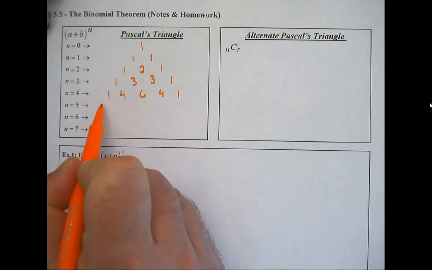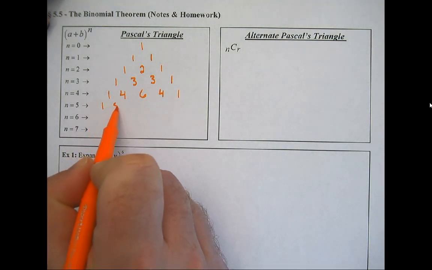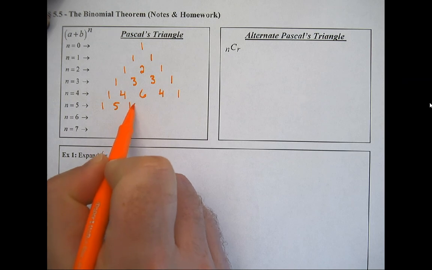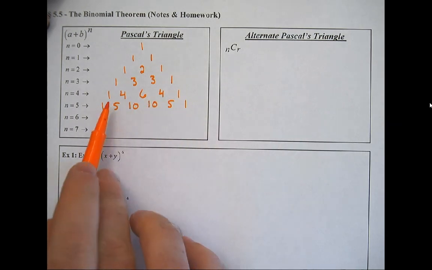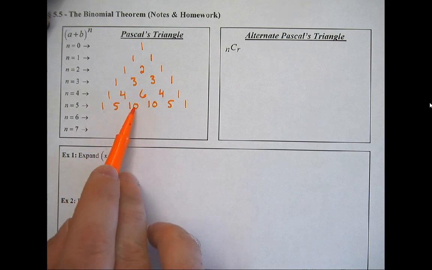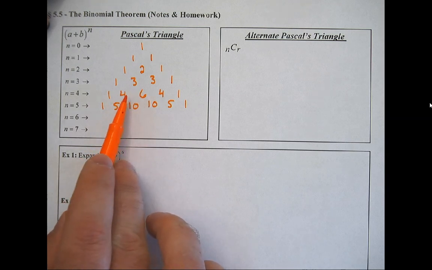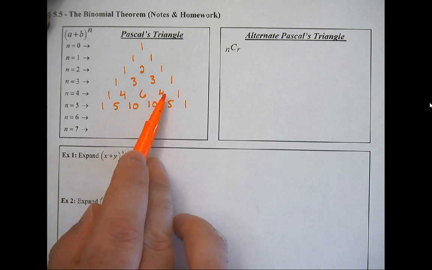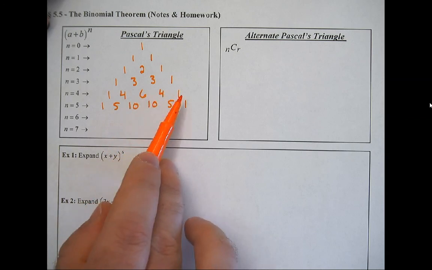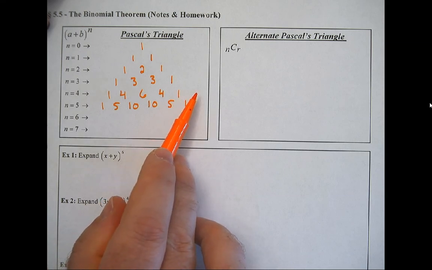So the next row would be 1, 5, 10, 10, 5, 1. You'll notice what I did here. To get the new row, you take the two things that are above it in that space, add them together, and that goes in the middle. So 6 plus 4 is 10, that goes in the middle. 4 plus 1 is 5. 1 plus nothing is 1.